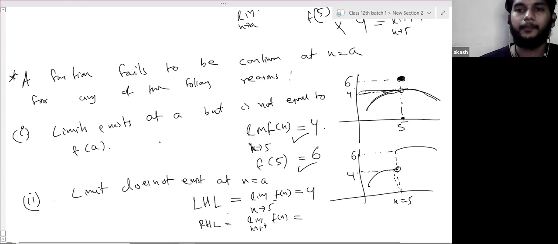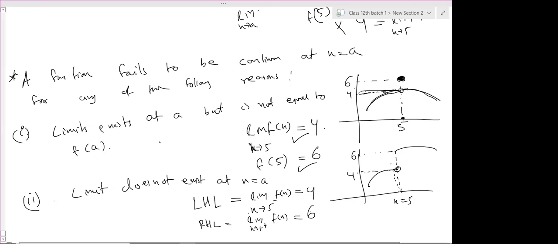What is RHL? 6. Absolutely right. So LHL is not equals to RHL in this function. So we can easily see that the graph is not continuous. The limit itself is not defined, then how can we say that limit is equal to f of a? Right, everyone, is this clear or not?